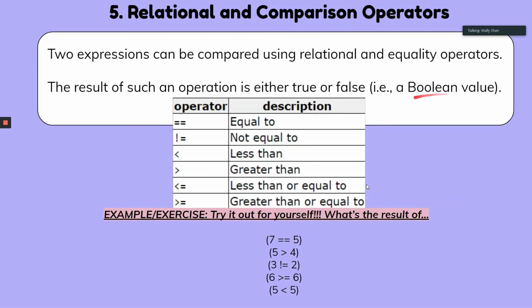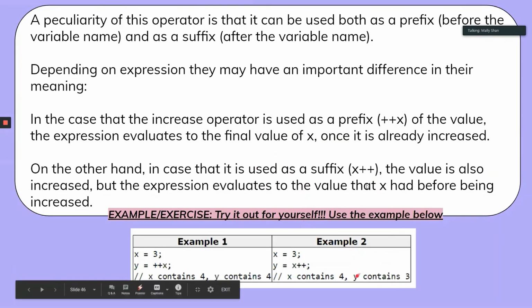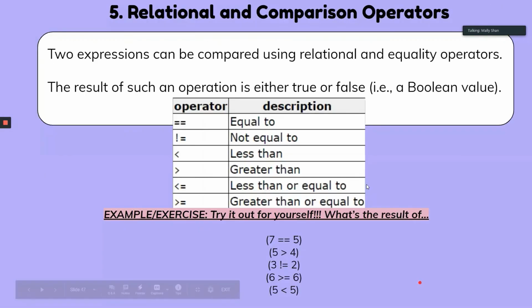So this is when we use our Boolean values, because we're using true or false. Before, all the operations that we did gave us a value, actually a number. Now the operations are giving us an actual Boolean value of true or false. So for example, the very first example I'm just going to go over, we're saying that 7 equals 5. This is a statement, okay?